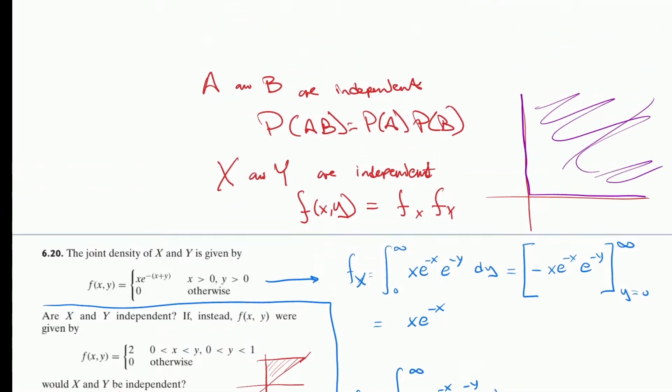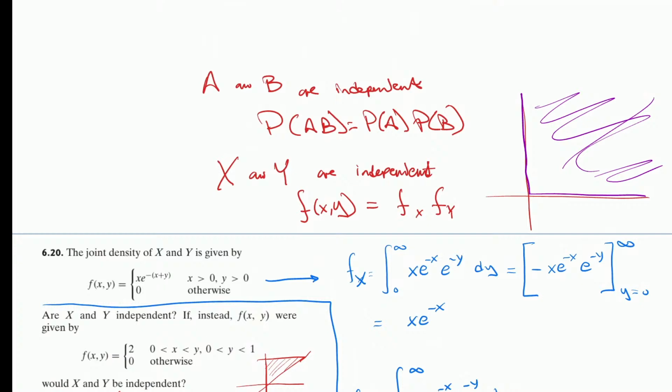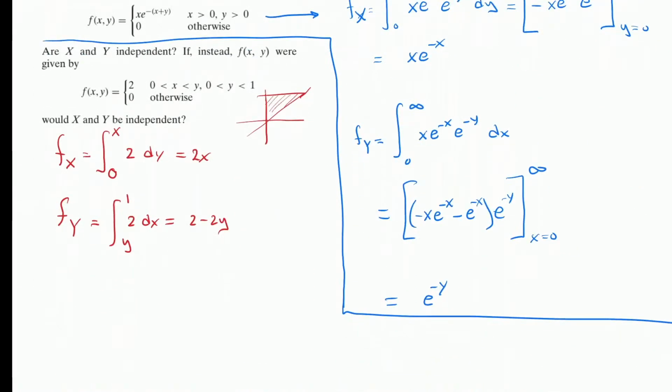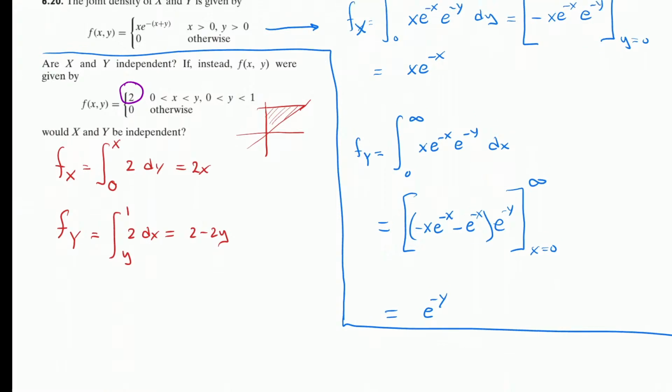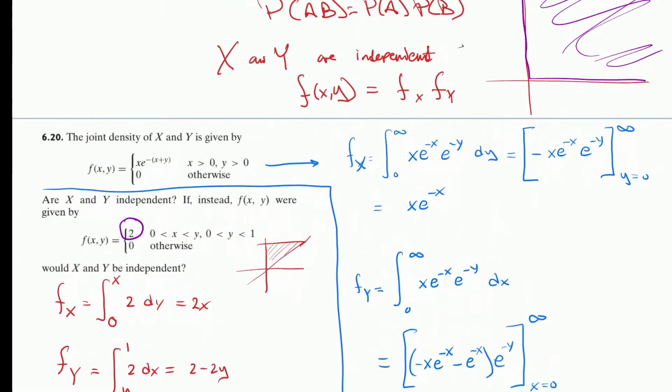If you can factor, then it works as long as you have a rectangular region. So triangular regions, and once again, I'm not going to trust. Well, okay, it is a triangular region, and that's why it isn't independent, I guess. But the true reason it isn't independent is because of this.